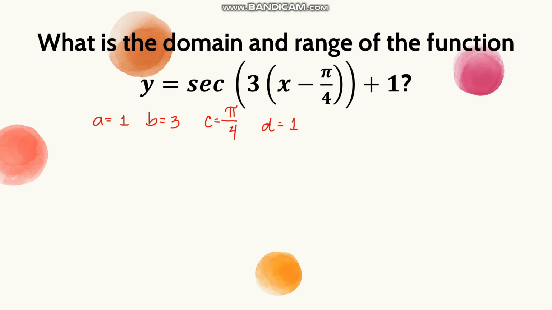Since the given function is secant, the formula that we have to use for the domain is x is an element of real numbers such that x is not equal to c plus k pi over 2 times absolute value of b, and k is an odd integer.